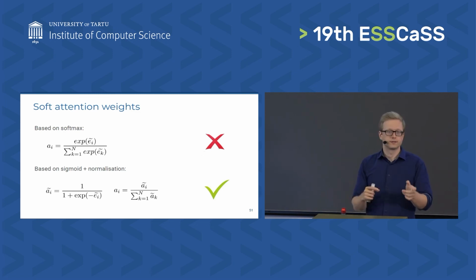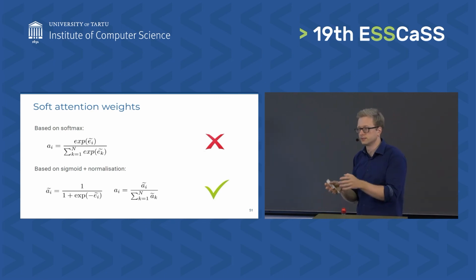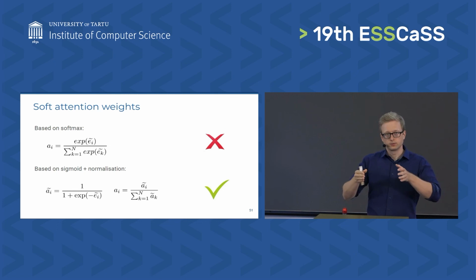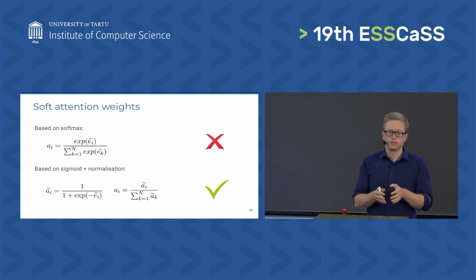So one modification is that regular self-attention uses softmax, but softmax is really designed for picking one object in the input, whereas we wanted to be able to focus on many tokens in the input. So instead we used sigmoid.